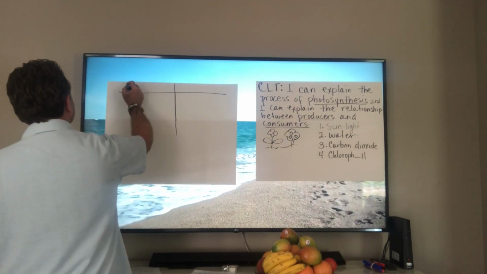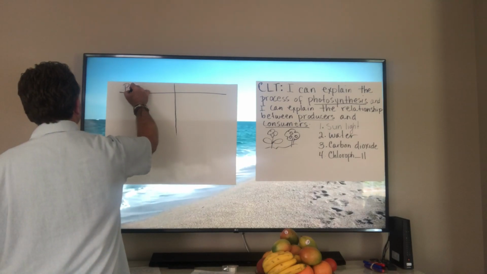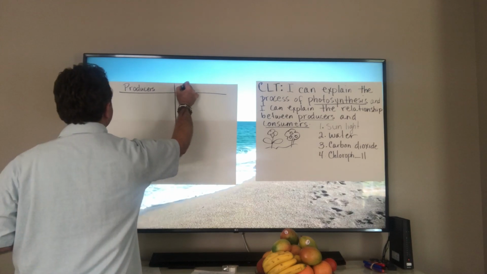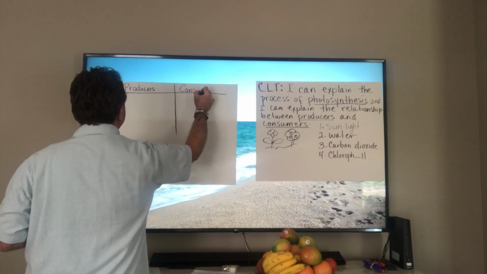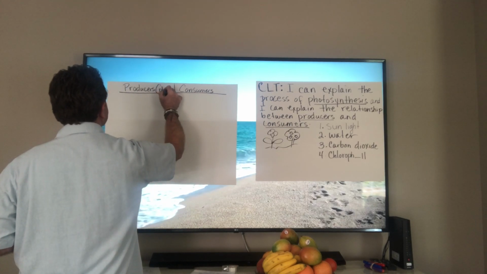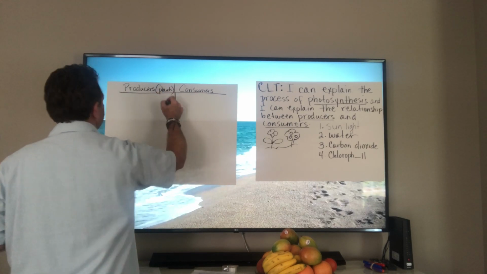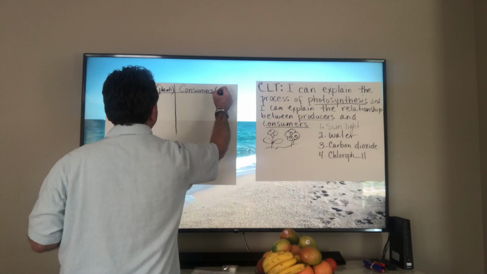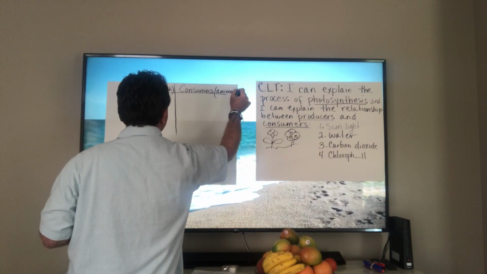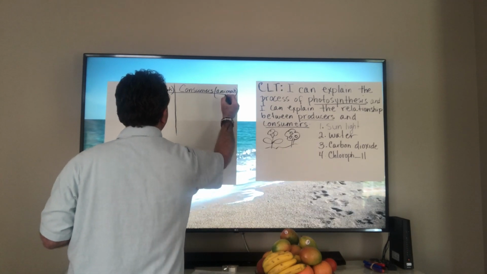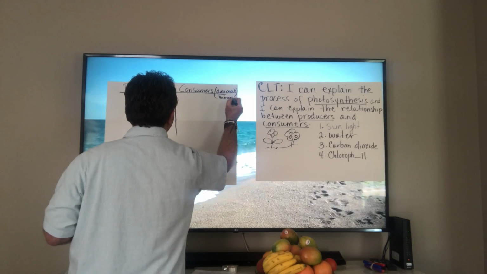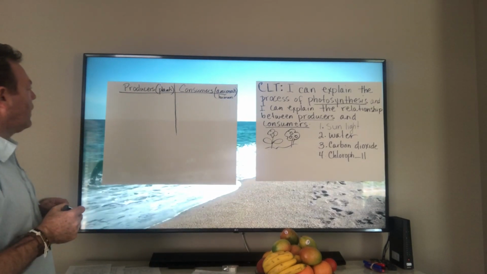And I want you to write producers here, and I want you to write consumers here, okay? And then in parentheses, put plants, and over here, put animals. And when I say animals, I'm also including humans here, okay? All right, animals and humans.